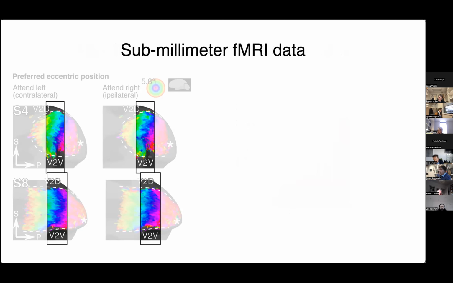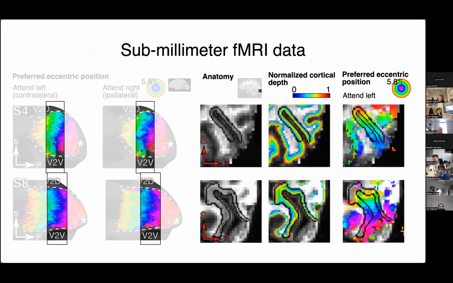So the next thing is, okay, we collected these sub-millimeter data, and instead of collapsing it across the whole V1, we're going to collapse it across cortical depth. And this is just some data to show the anatomy, the V1 ideas, and the PRF eccentricity estimates on single voxels.